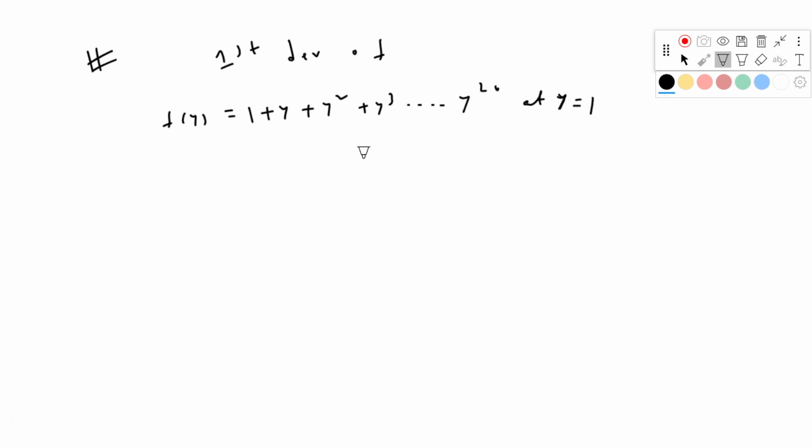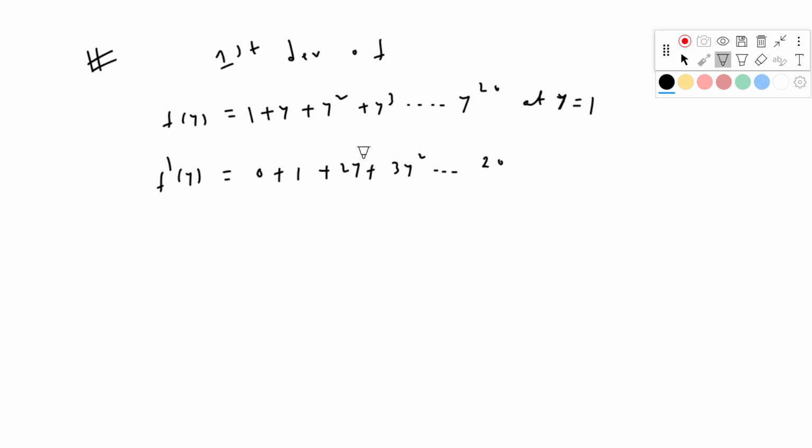First of all, for the first derivative, I can write f dash of y. If you differentiate this, d of 1 by dy is 0, dy by dy is 1, then 1 plus y square gives 2y, y cube gives 3y square, up to 20 into y power 19.